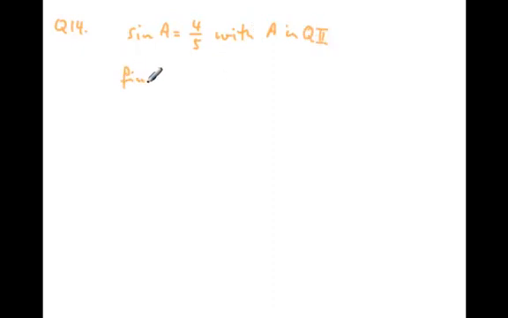Find cosine A over 2, and I'm going to choose the half angle identity I'm already using: the square root of 1 plus cosine A divided by 2, and then a plus or minus in the front.